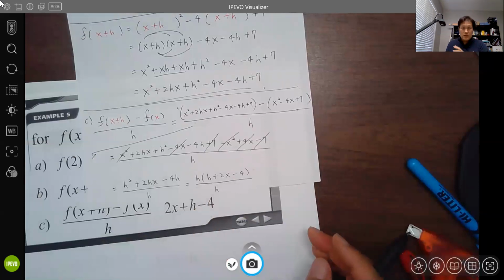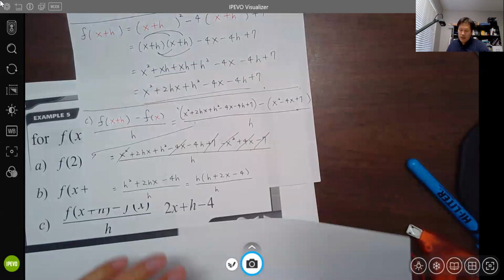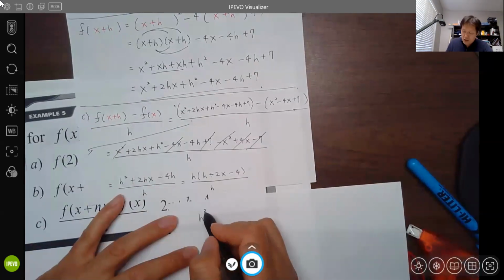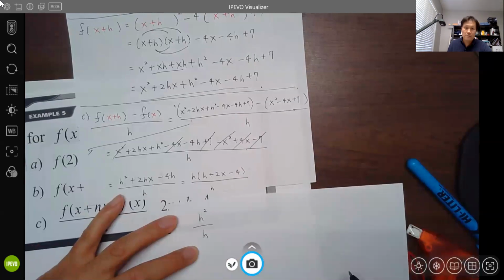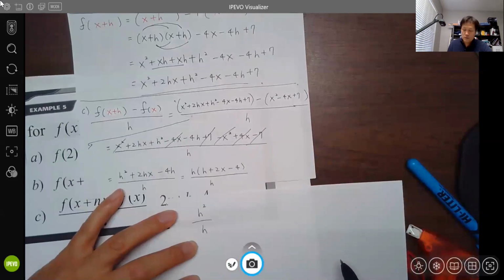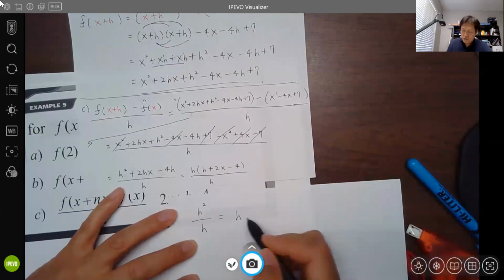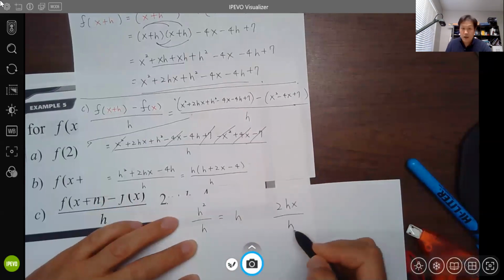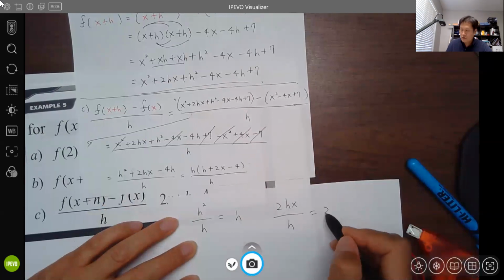If some of you are a little confused about what factoring h out means: from h squared, factoring h out means you're dividing by h. You have 2hx here, dividing by h, so h cancels out and you get 2x.